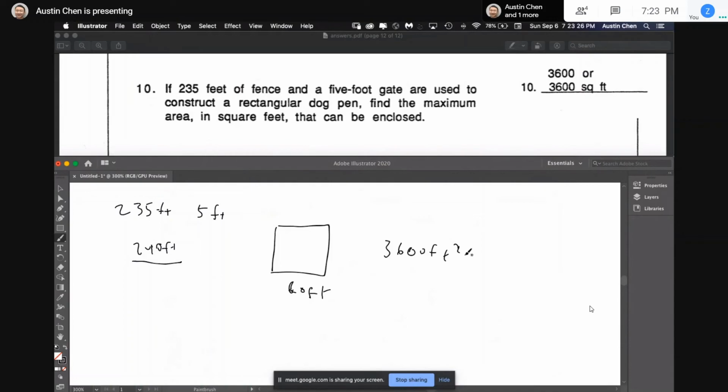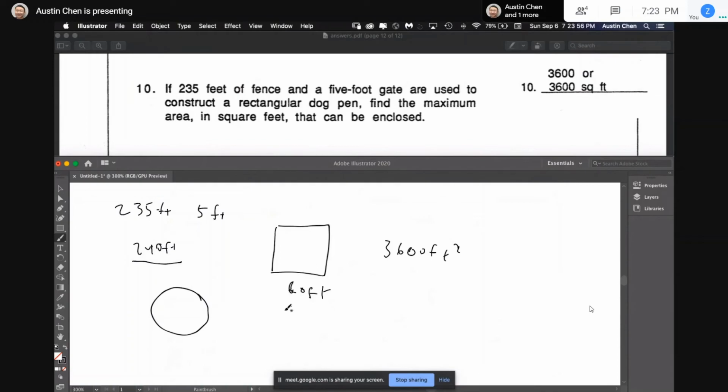Now, if you had no constraint on the shape being a square or a rectangle, then a square is actually not the best shape. Then you would want to construct a circle, which is a little bit better than a square. So if you have a set amount of perimeter and you want to enclose the greatest amount of area, and it doesn't matter what kind of shape you use, then use a circle.